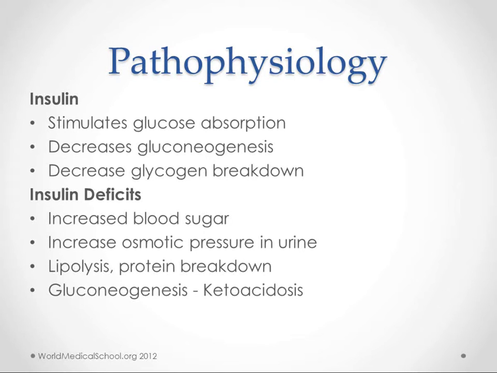So insulin is a signal. It tells the body that there's sugar around. So whenever we take in sugar, there's certain processes that should stop and certain processes that should start, because now we've got extra sugar on board, so we don't need to be producing sugar, and we don't need to be breaking down glycogen, and we don't need to be breaking down fats and proteins, because we've got an excess energy supply on hand.